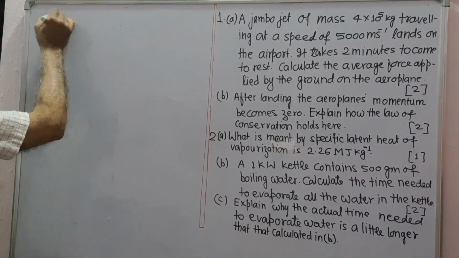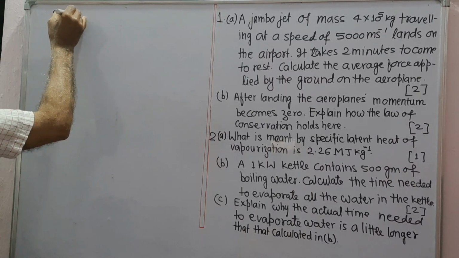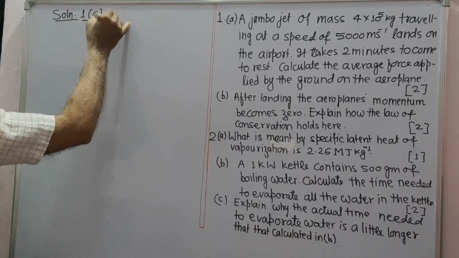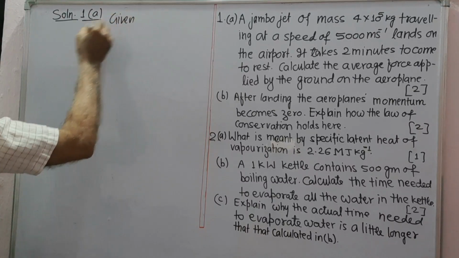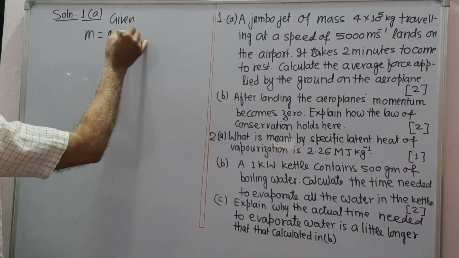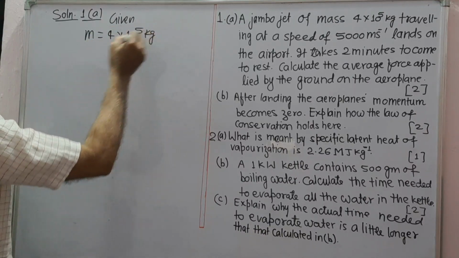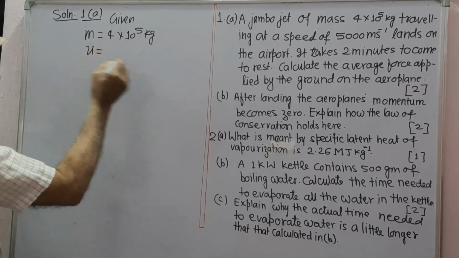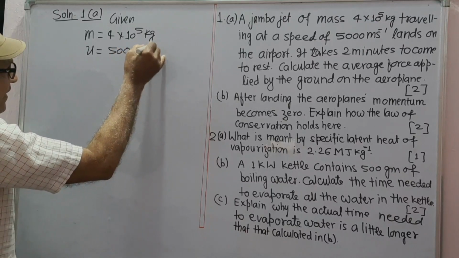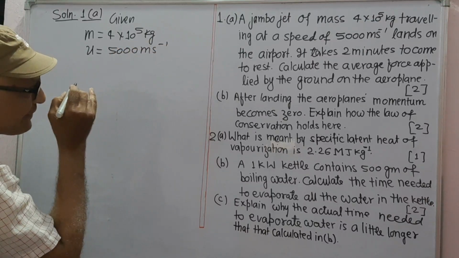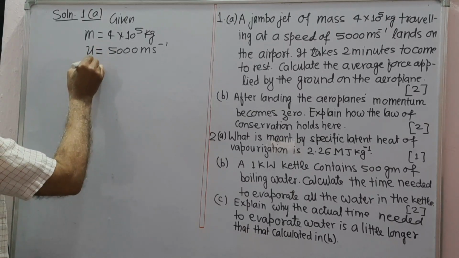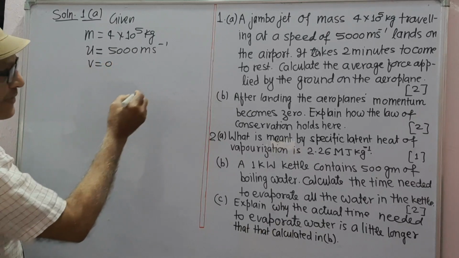So, solution to question 1a. Given: mass of aeroplane is 4 into 10 to power 5 kg. Initial velocity is 5000 meter per second and final velocity when landing is 0, comes to rest.